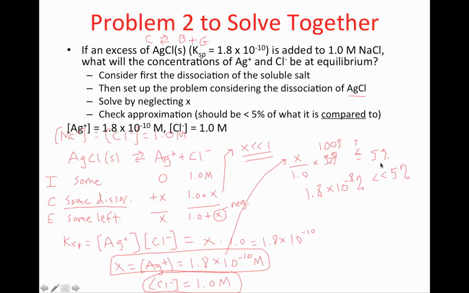And again, we're going to play this game over and over as we solve this problem, because we're going to be dealing with differences in concentrations that are enormous. So it makes sense from a practical point of view to neglect x. But also, if you think hard about it mathematically, and I won't test you on this, think about the number of significant figures that would be necessary for me to add 1 to this.